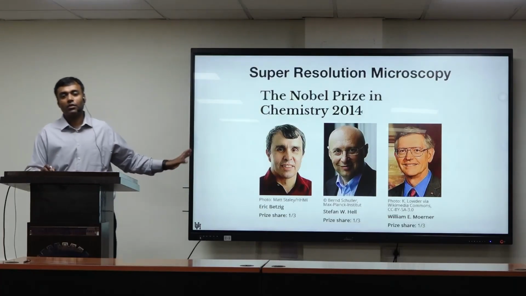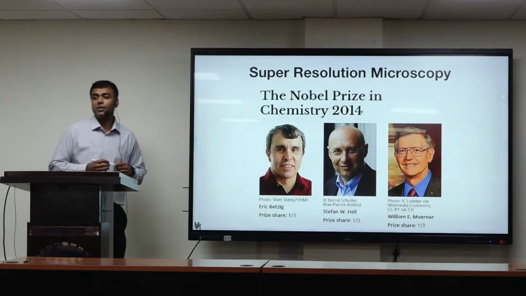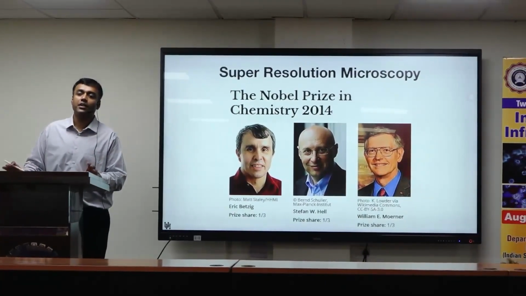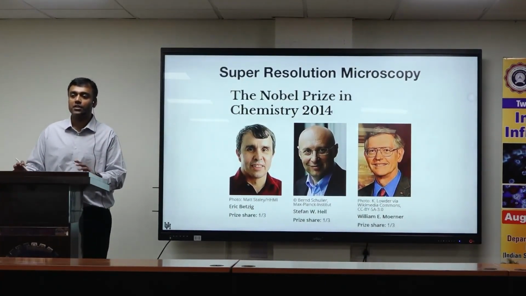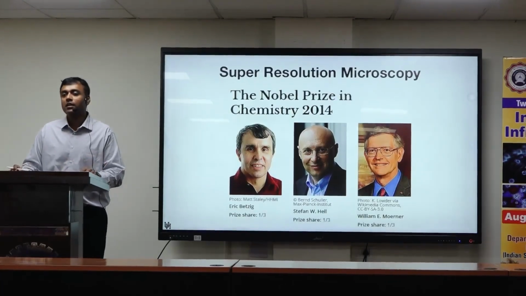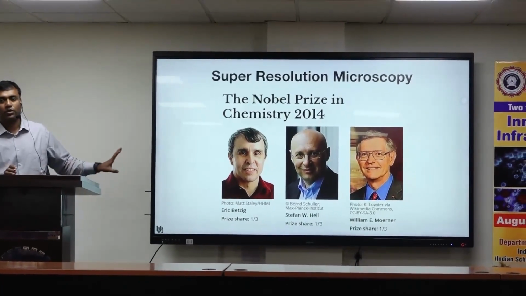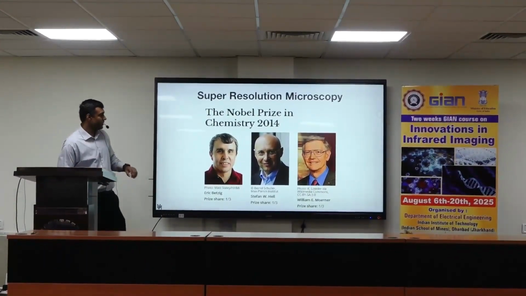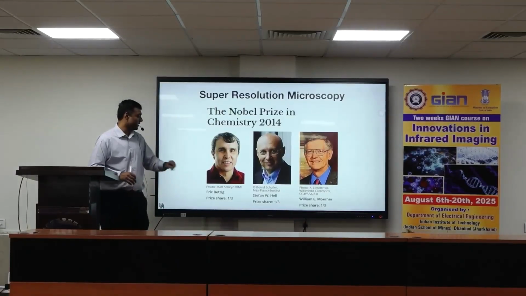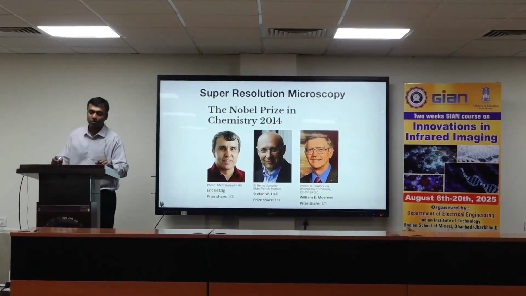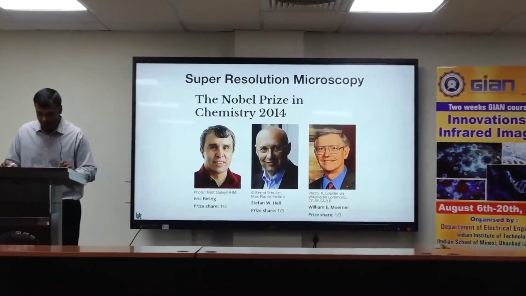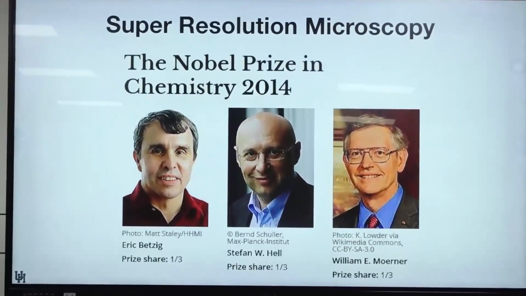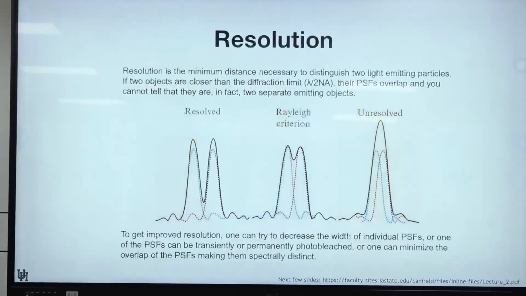I'll talk about what they invented in a few minutes, but basically this has a lot of very interesting and useful applications in biology and medicine, and it was so important that they gave the Nobel Prize for this. Personally, I'm happy to say that I've met both Betzig and William Moerner, and it was a true honor. So let me tell you what work they did.